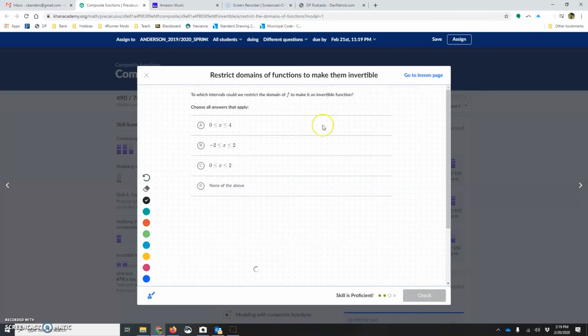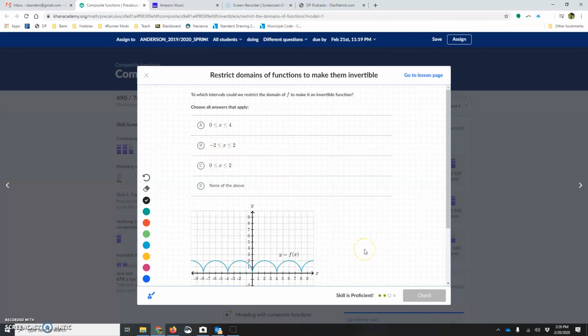And there we go. Okay, where's the graph at? 0 to 4, negative 2 to 2, 0 to 2. I have a feeling the answer is going to be this one right here. But we'll see. Just by looking at the options, this is going over 4, also going over 4. This is only going over 2. Where's that graph? There we are. All right, let's just go down one at a time. 0 to 4.